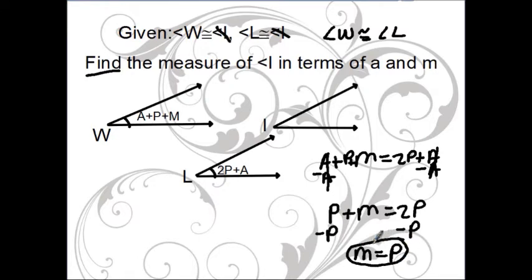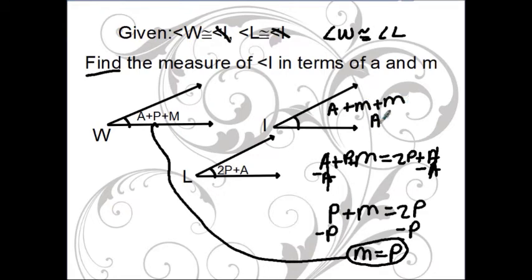I only want A and M. Now, since I know all 3 angles are congruent to each other, I'm going to come right back up here, and instead of having a P, I'm going to plug in that M. So angle I is going to equal A plus M plus M, which is going to be A plus 2M. It's going to be the measure of angle I in terms of A and M.